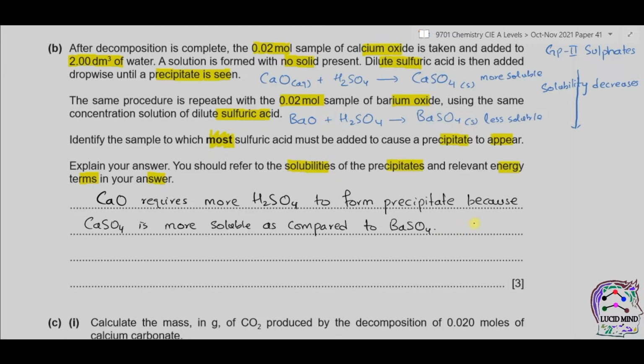And the reason behind this is that the lattice enthalpy of sulfates decrease by smaller values down the group, while hydration enthalpies of sulfate decrease by larger values.